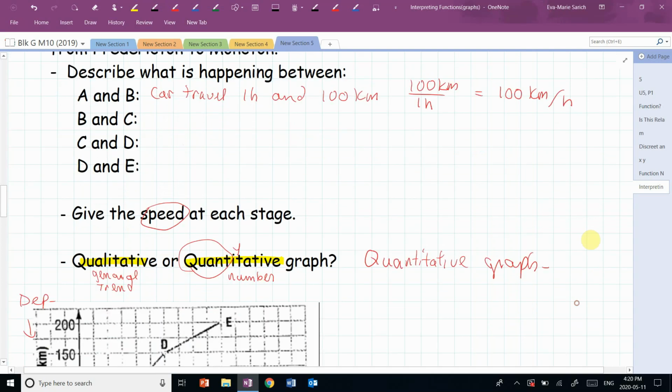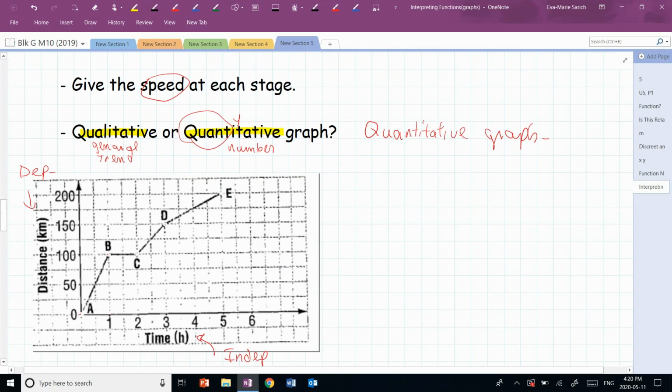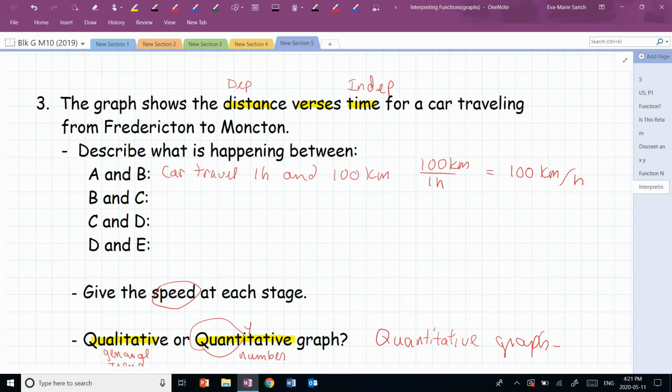Okay, let's go to stage B and C. So what's happening here? From B to C, we're going from hour 1 to hour 2, and we're still at 100 kilometers. So the car has not traveled anywhere for an hour.